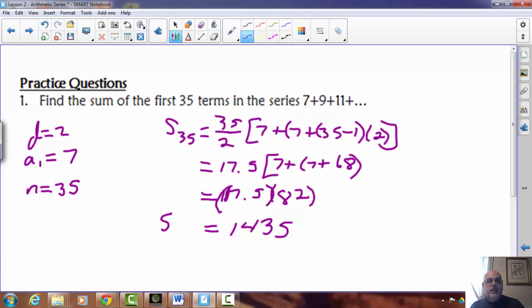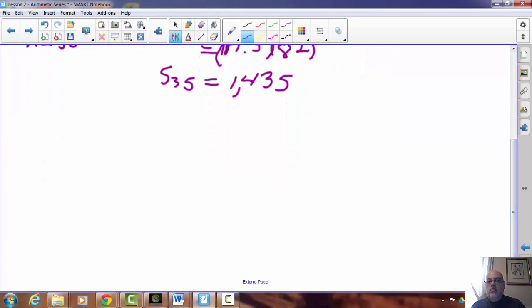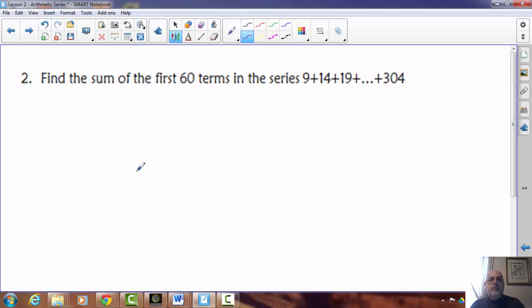It's the sum of the first 35 terms. Okay? Let's now do the second problem. The sum of the first 60 terms. Again, we don't know if this number 304 is the 60th term or not.